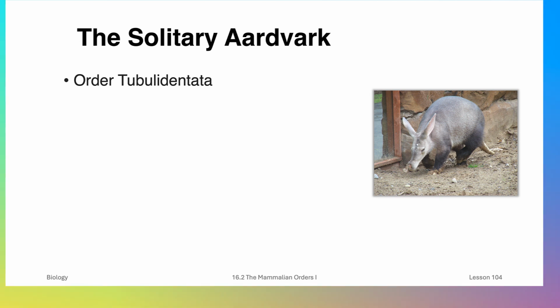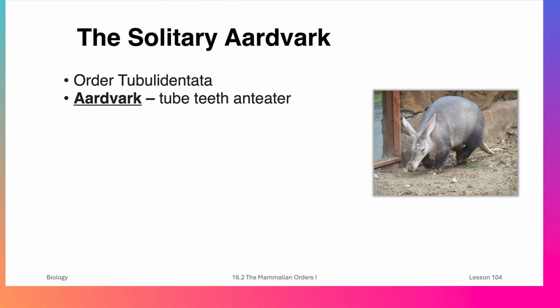And this order is Tubulidentata, which means a tubular snout or a tubular jaw, which has the teeth in it. And the aardvark is the only member of this order. It's the tube-toothed anteater. And these animals eat ants, and that's their diet.